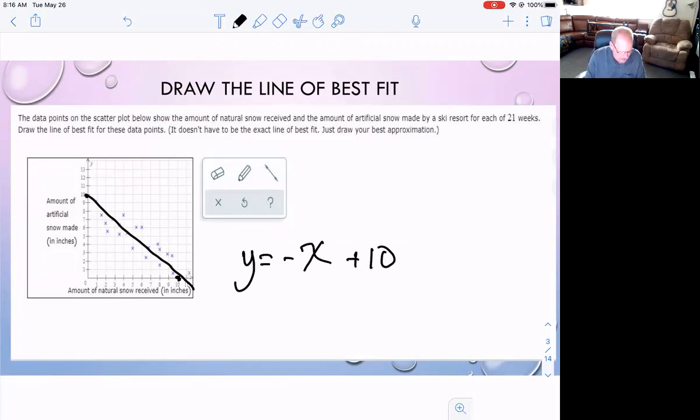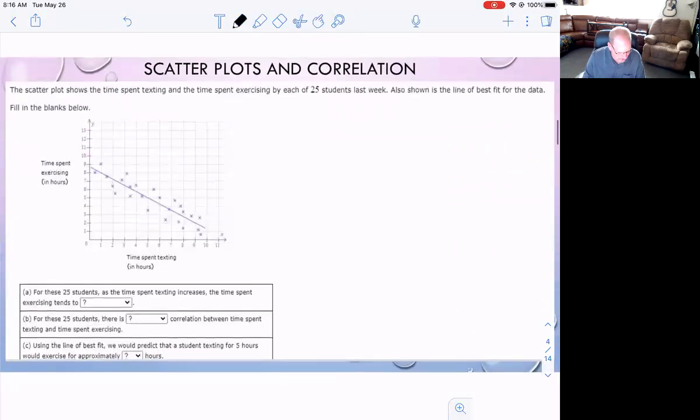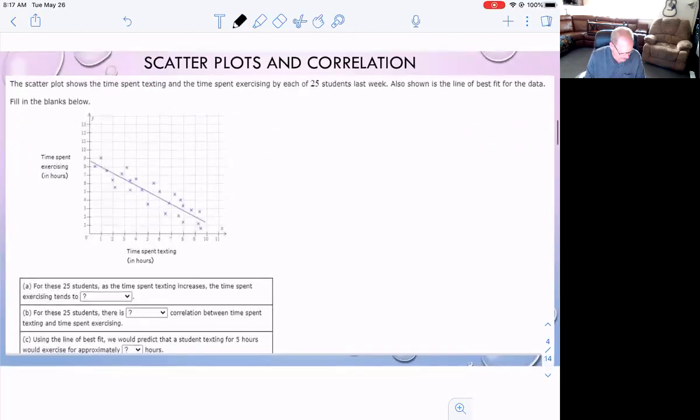So on this question, you didn't have to write that, but on upcoming questions, you will have to write that, okay? So here we're given the scatter plot and the line. We're asked a few questions about it.